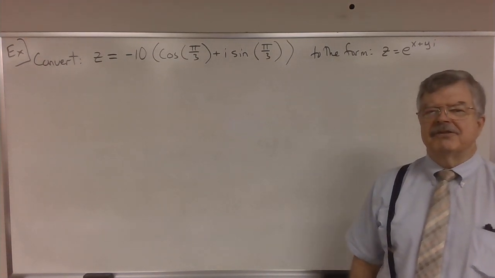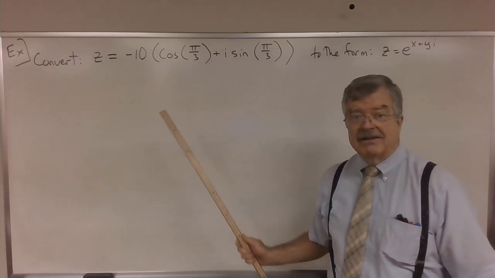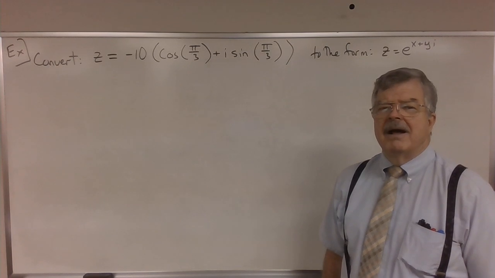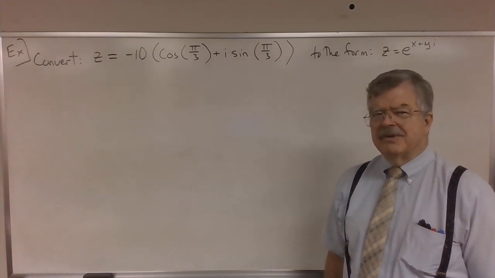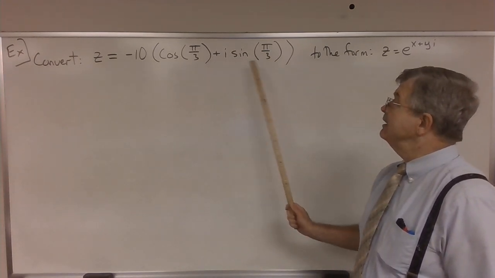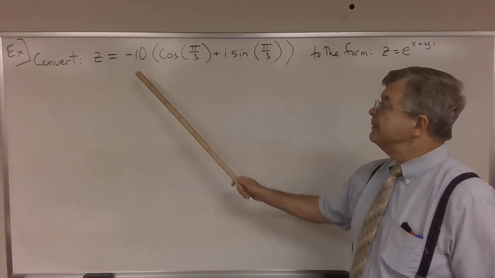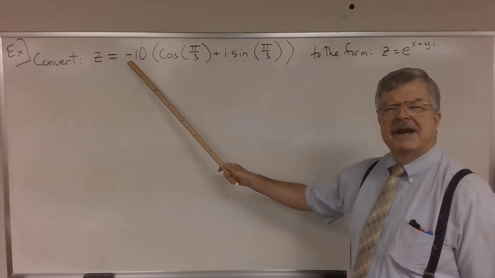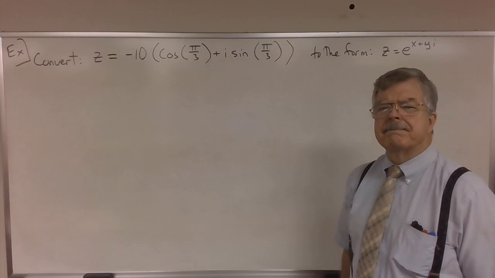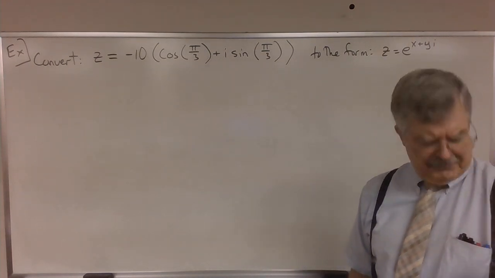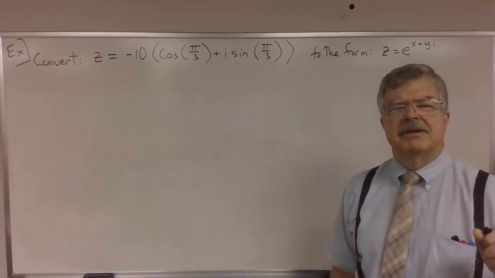At first glance, this probably looks exactly like the exercise that we just did. I just put one little twist there. The angle is the same, pi over 3. What's not the same is we have a negative sign out front here. No big deal. At least it doesn't seem like it's a big deal yet.